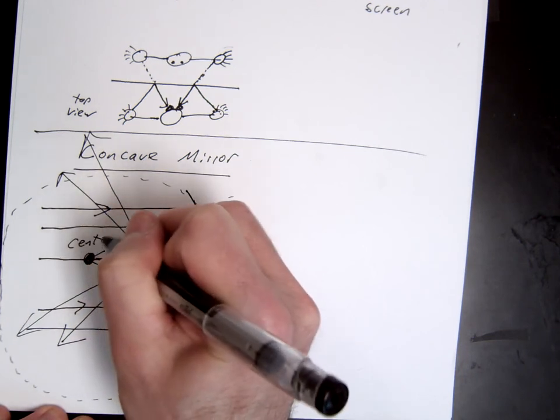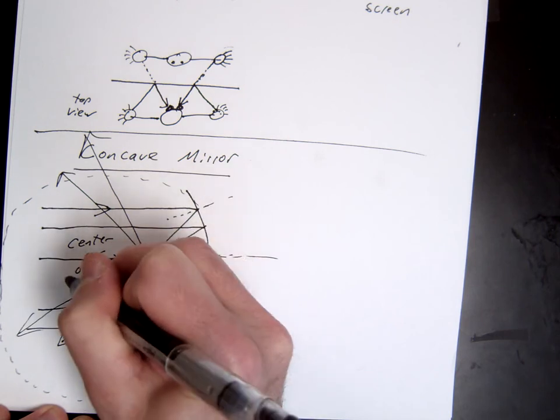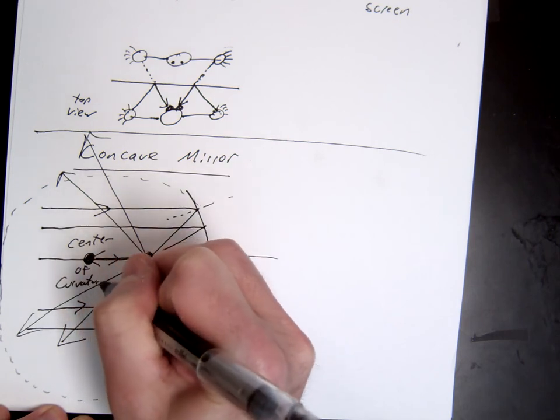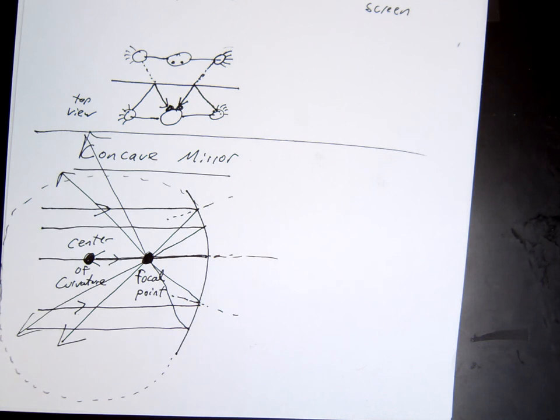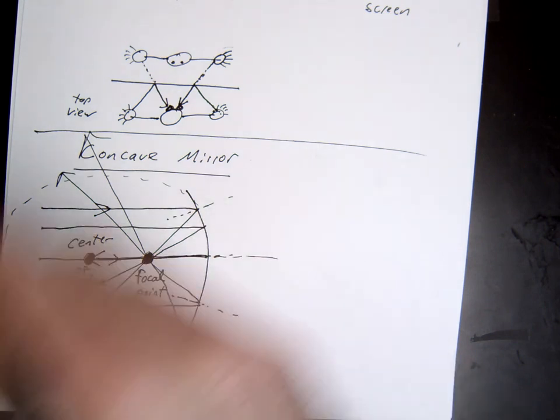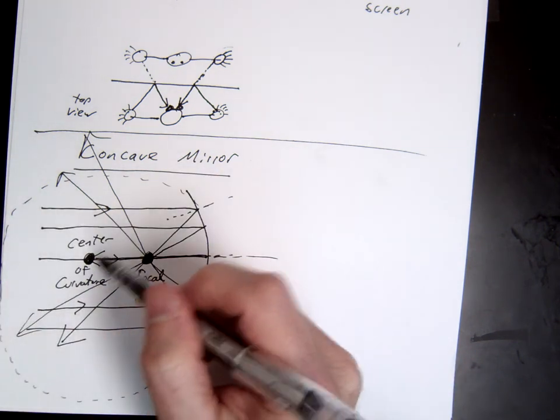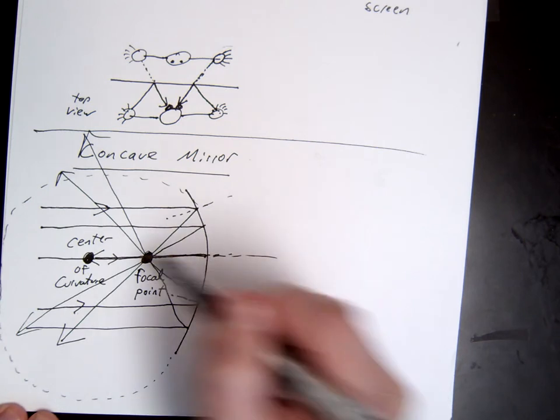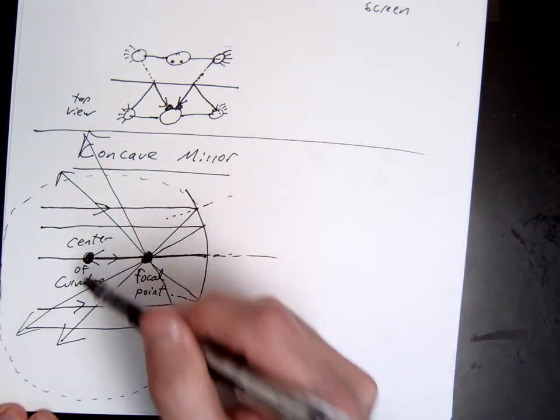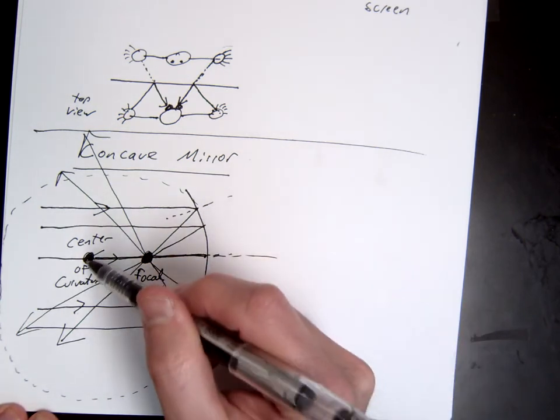This is what we call the center of curvature. We dealt with this when we did cars going around turns and things like that. It's the same concept. If you continue the circle, this would be the center. The distance from here to here would simply be the radius of that circle, the radius of curvature.